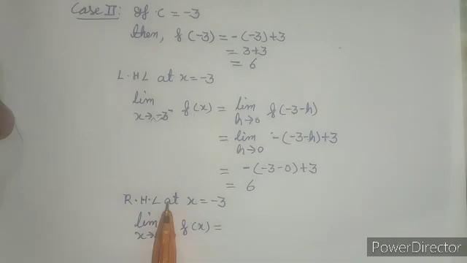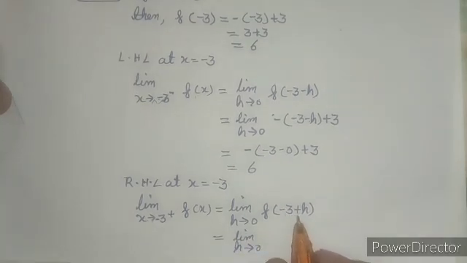Now right hand limit at x equal to minus 3. Limit x tends to minus 3 plus f(x) will be equal to limit h tends to 0 f(minus 3 plus h), or you can say x is greater than minus 3.